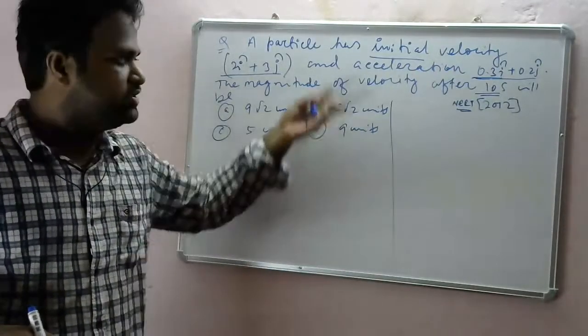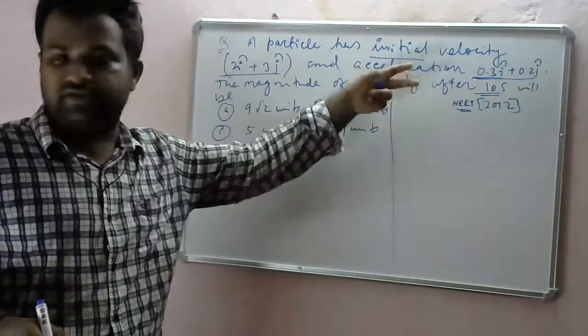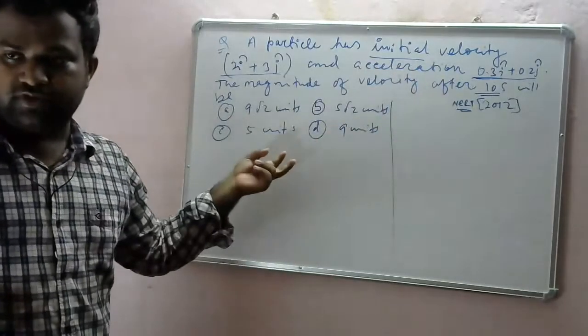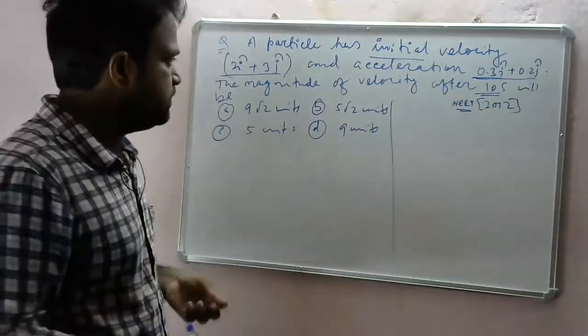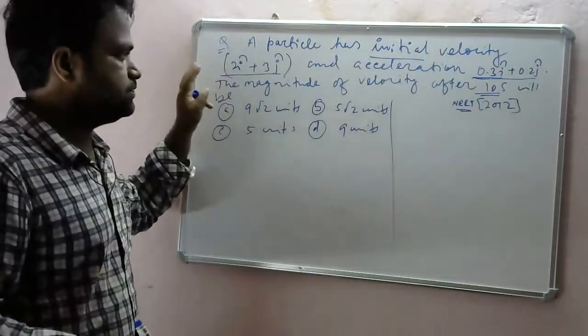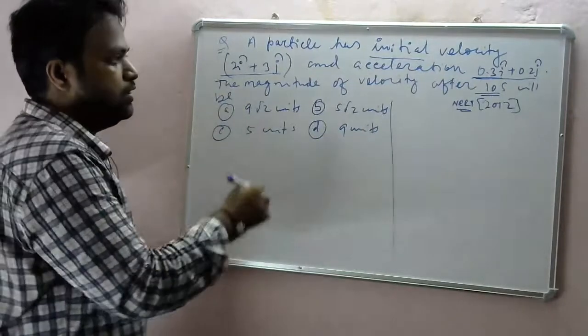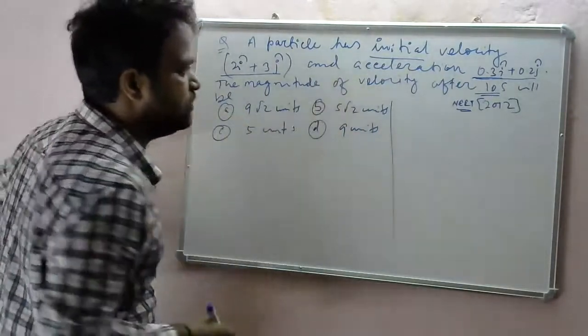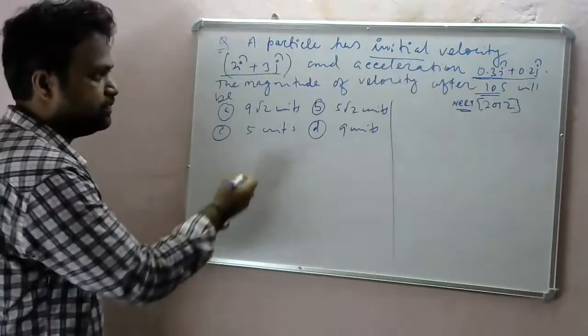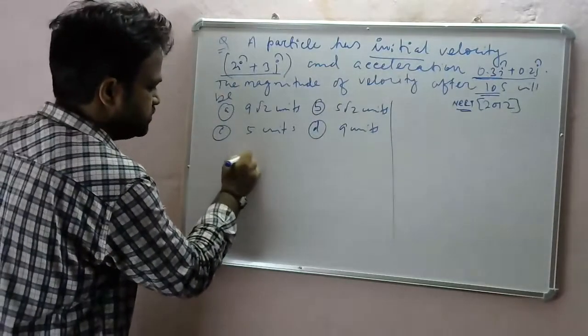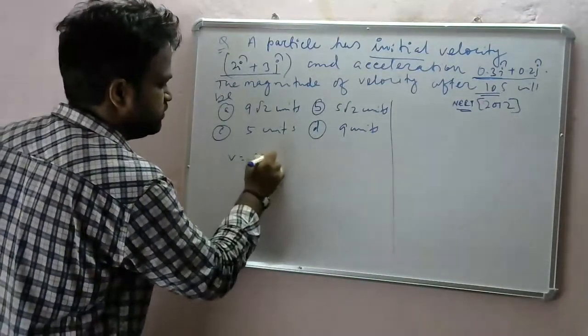A simple question: initial velocity is given, and we need the velocity after 10 seconds. You can just calculate along with me. The final velocity you have to calculate. So the final velocity v is equal to u plus at, right? This formula you know.